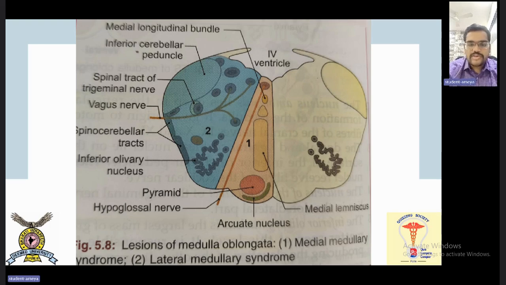So in lesions of the medulla oblongata, we have discussed lateral medullary, medial medullary, and the Babinski-Nageotte syndrome. Medial medullary is the one seen on the screen in the orange colored box. Then 2 is lateral medullary, which can be seen in the blue box. And if 1 plus 2, then it is Babinski-Nageotte syndrome.